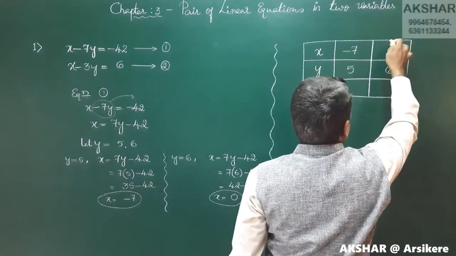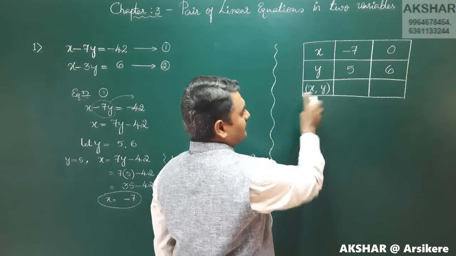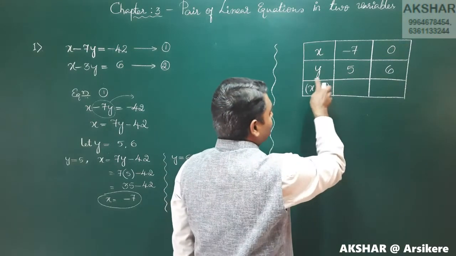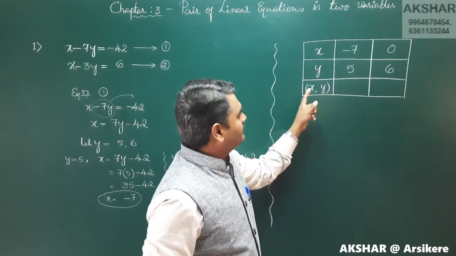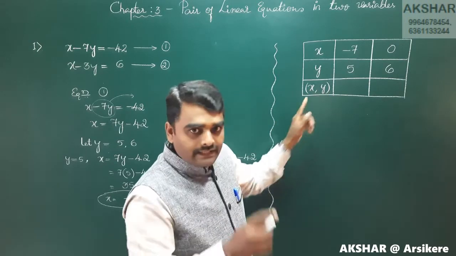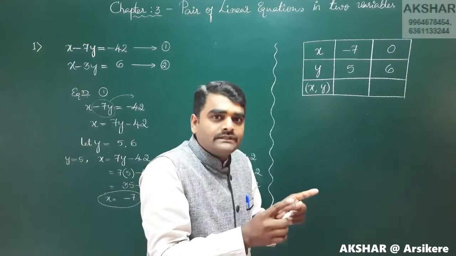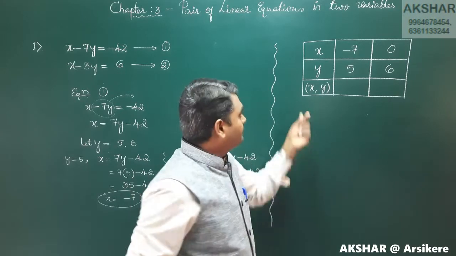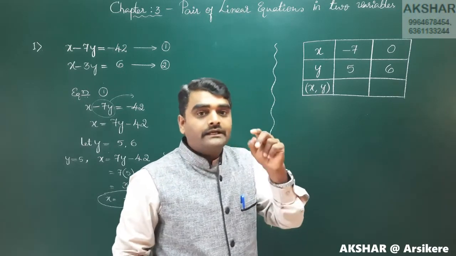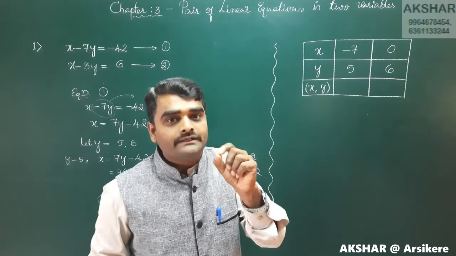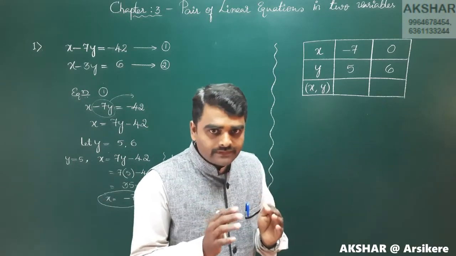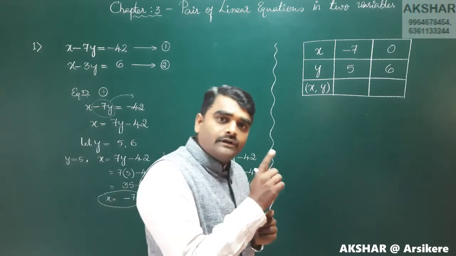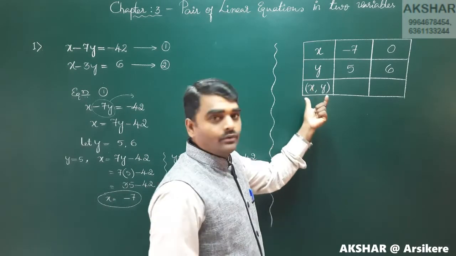So, can I write these values like this? What is the name of this? Any numbers, we call these elements. Any numbers enclosed in small brackets. If the numbers are in pair, that is called coordinates. What is a coordinate? A pair of numbers enclosed in small brackets is called coordinates.